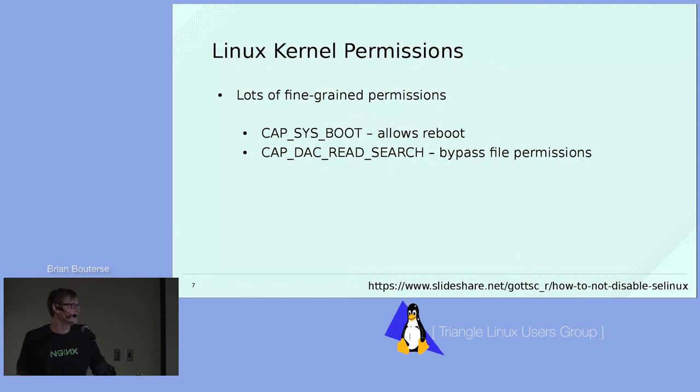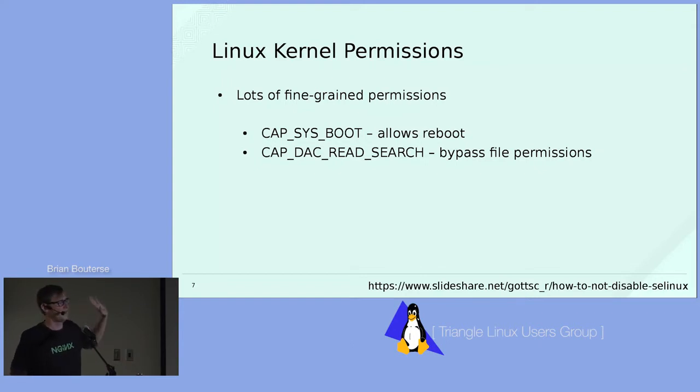One other thing to know about Linux is that inside the kernel there are all of these permissions. There's a whole bunch of them. These are just two simple examples: the ability to allow a user to reboot, or the ability to bypass file permissions. This is a privilege such that when you make a call into the kernel, if you have it, you can bypass the discretionary access control module.